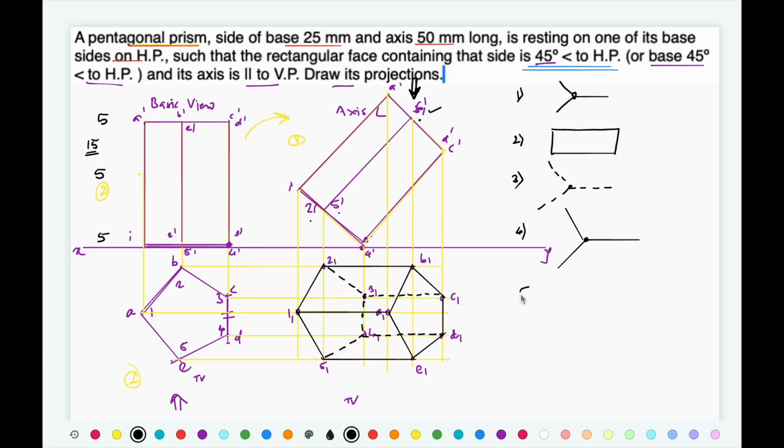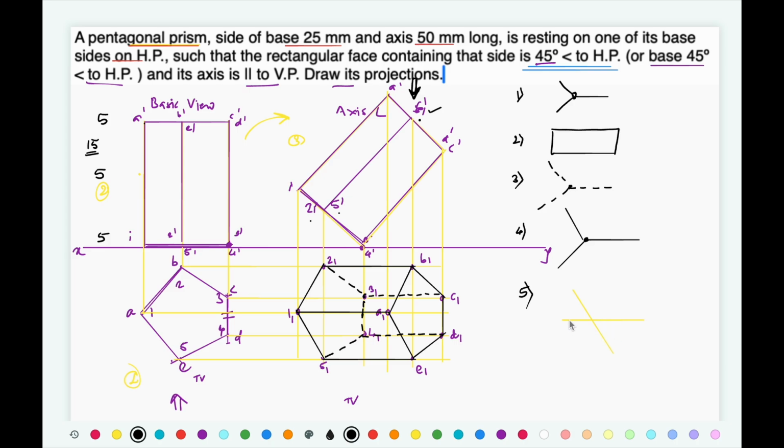And the last rule, number 5: if there are two lines crossing each other. Now what is meant by crossing? If you look at this 3 4 and 1A, that is 3₁4₁ and 1₁A₁, those two lines are crossing each other over here, right? But there isn't any corner. So crossing means when two lines cross each other and there isn't an existing corner, then that scenario is considered as crossing of two lines.